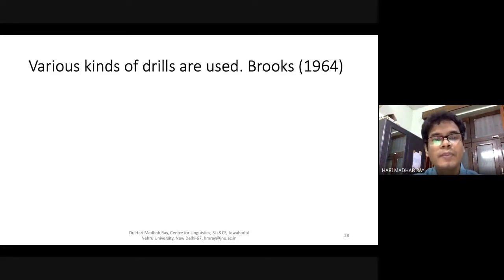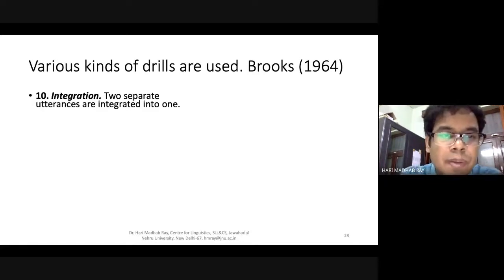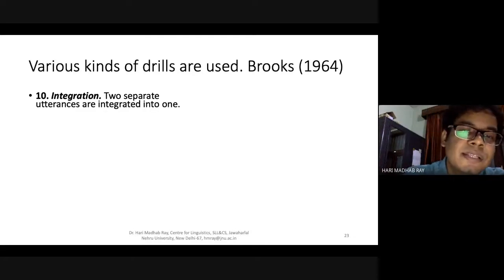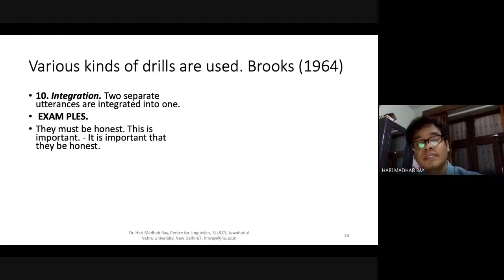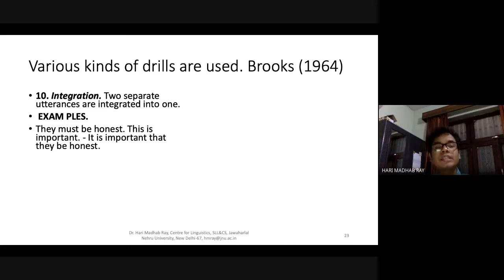And one more, I think, is integration, the joining thing I was talking about. So two separate utterances are integrated into one, and this kind of joining practice. They must be honest. This is important. So two sentences are conjoined together, let's say in one sentence: It is important that they be honest.